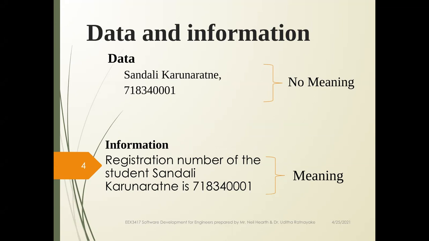There are some data, and if we say registration number of students Sandali Karunaratne is this number, this information has a meaning. Data, there may be several data, but it has no meaning.